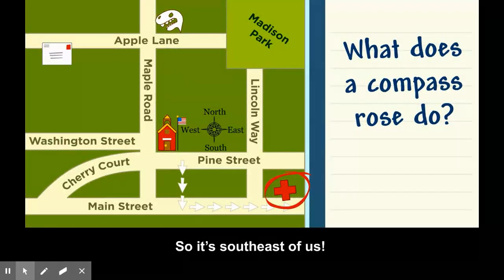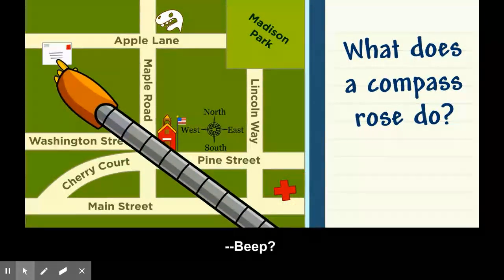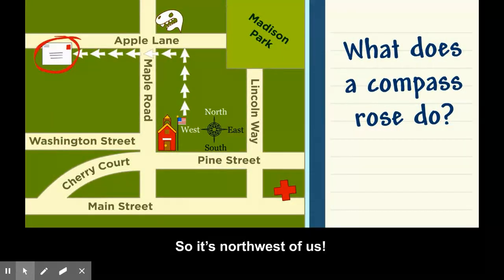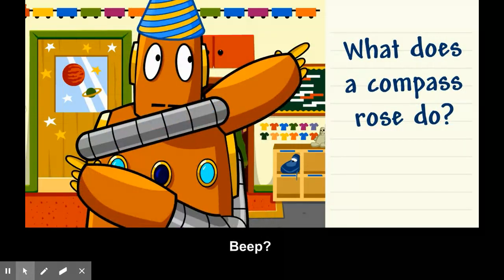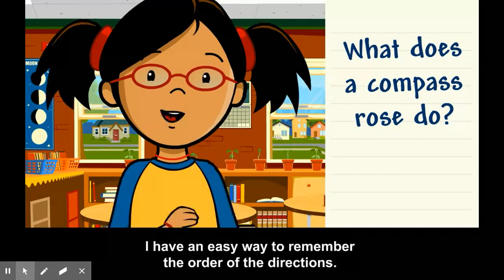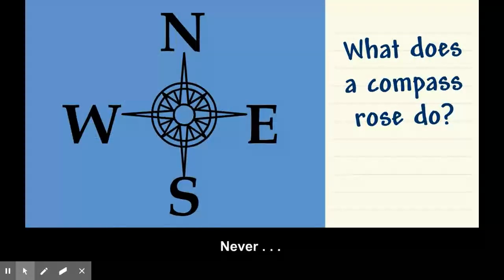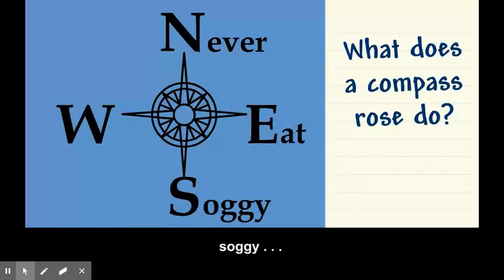So it's southeast of us. The post office is north and west, so it's northwest of us. I have an easy way to remember the order of the directions. Never eat soggy waffles.